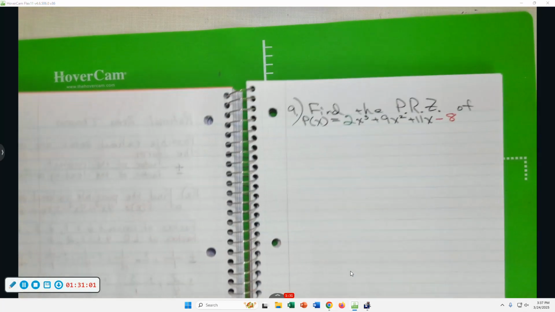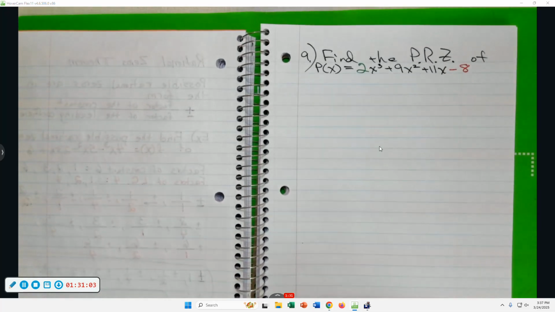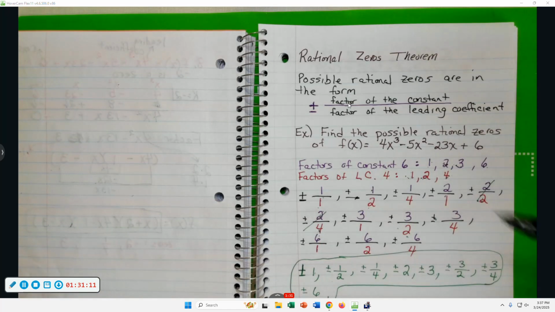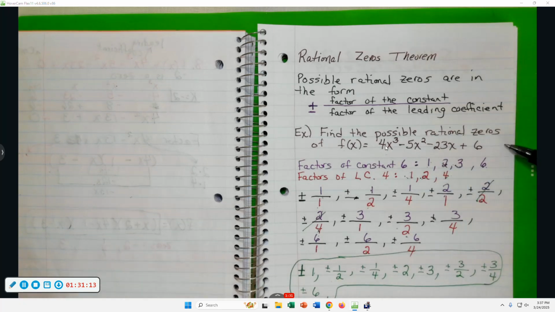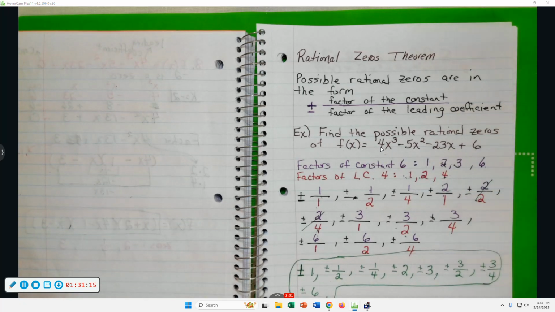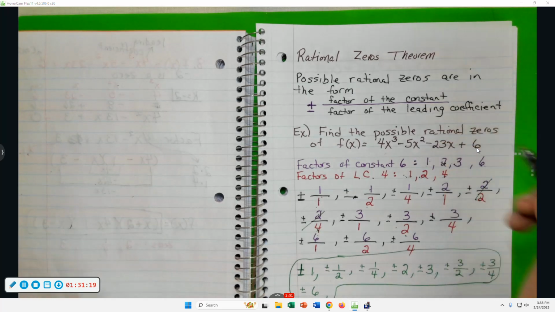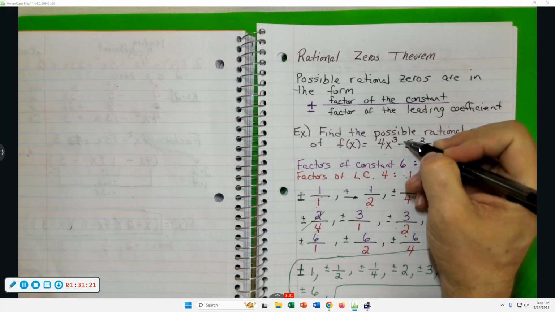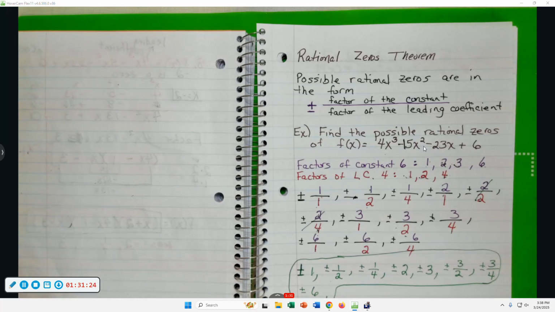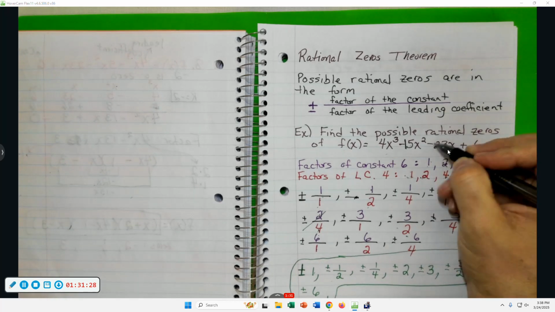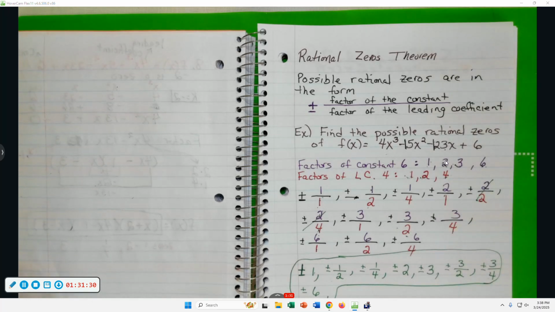Oh, there it is. So you put the only two important numbers, green and red. Okay. But there's something else I want to point out. I wanted to know the possible rational zeros of this problem here. Suppose I change it. Suppose instead of a minus 5, that's a minus 15x. And suppose instead of 23, that's a minus 123.